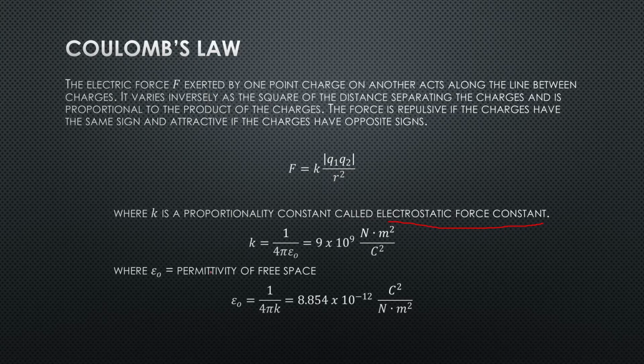And epsilon naught is the permittivity of free space, which is equivalent to 8.854 times 10 to the negative 12 coulomb squared per newton meter squared. This is our formula under Coulomb's law, and K is always 9 times 10 to the 9 newton meter squared per coulomb squared.